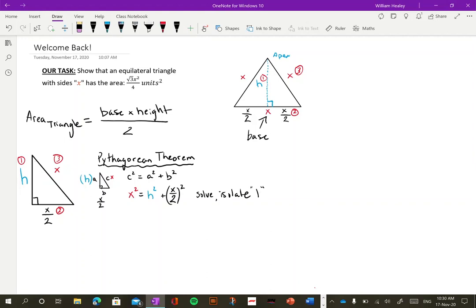Let's color in proper colors. We need to isolate h, get h by itself. x squared is just x squared. h squared is just h squared.